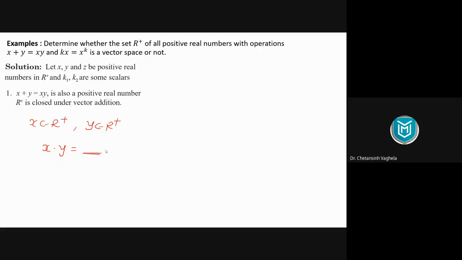Obviously positive, and the multiplication of two real numbers is again a real number. So x into y is also part of R plus. The closure property is satisfied. R plus is closed under this addition operation.